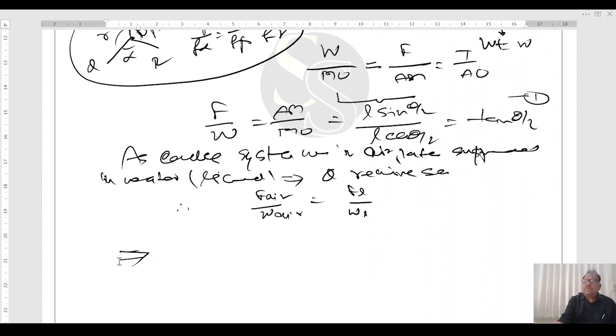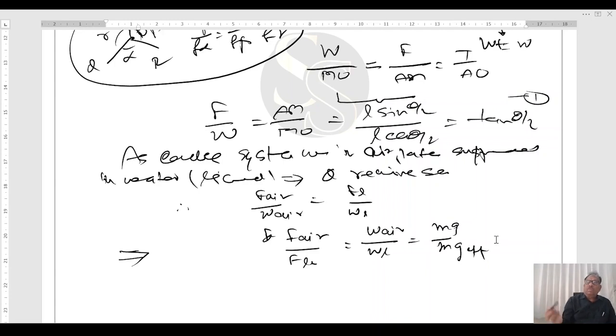In that case, F air or F liquid will be equal to W air or W liquid, that is mg over mg effective. Whenever anything is dipped in liquid, its weight will be slightly decreased, and that will be the apparent weight according to Archimedes principle.